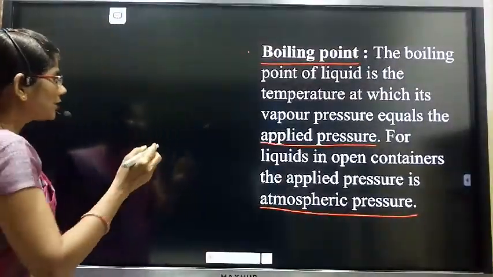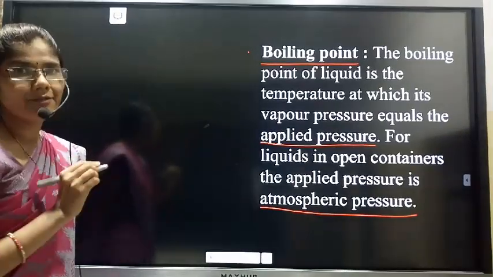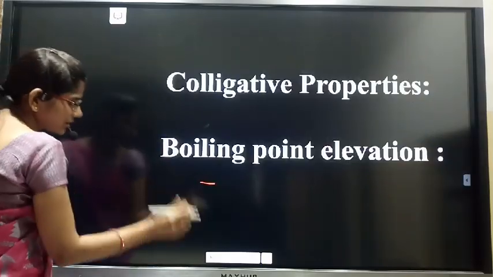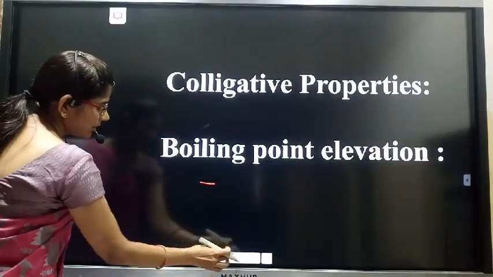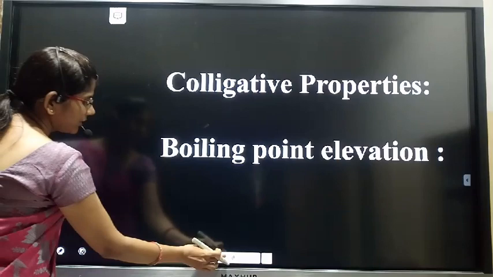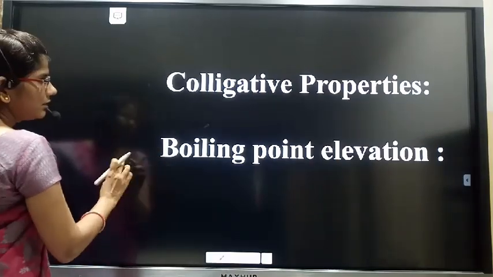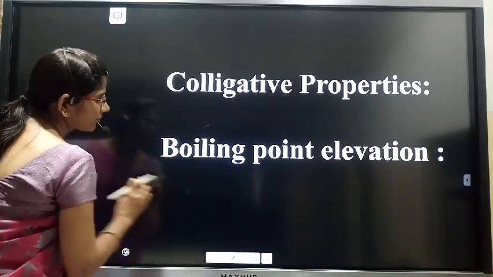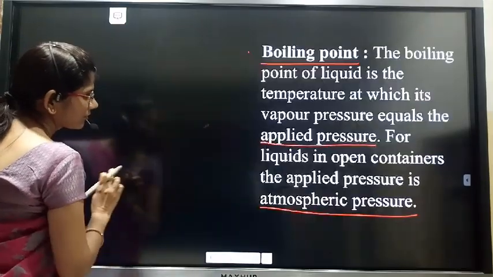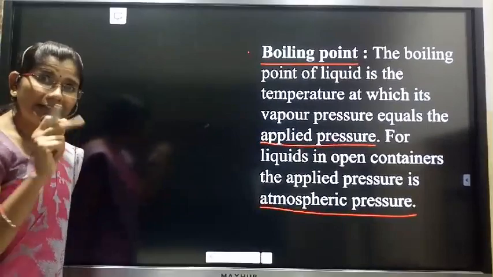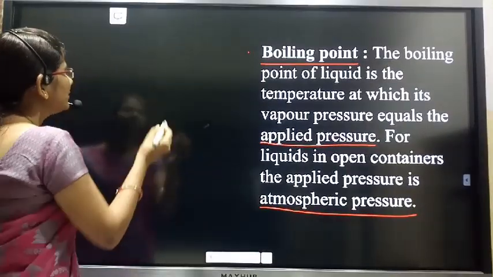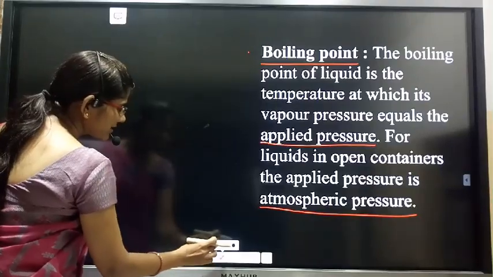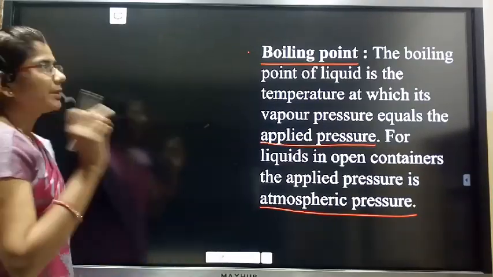So for the elevation in boiling point, here we have to consider one graph of vapor pressure versus temperature.